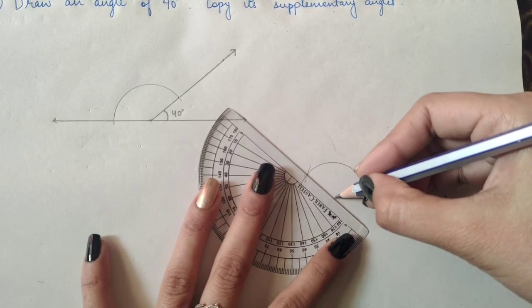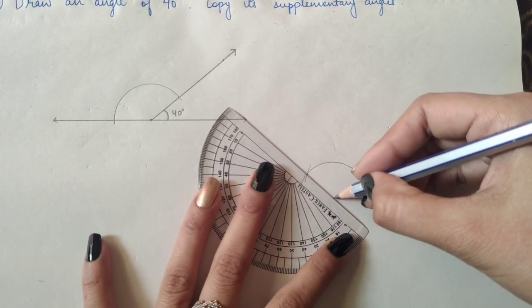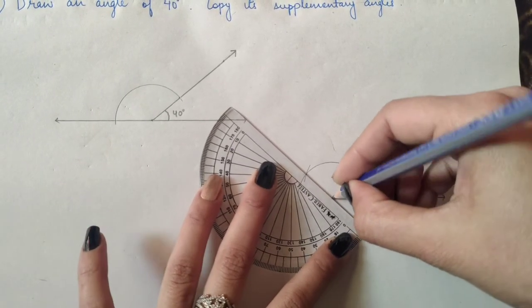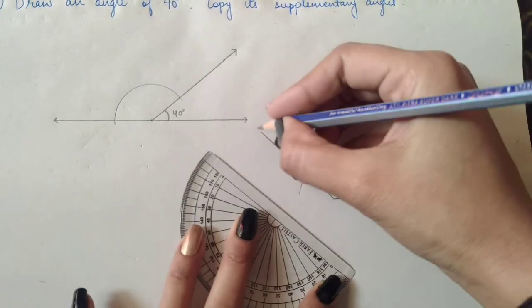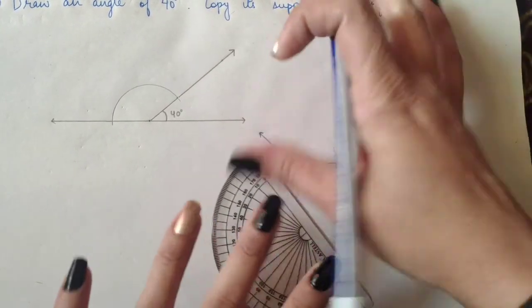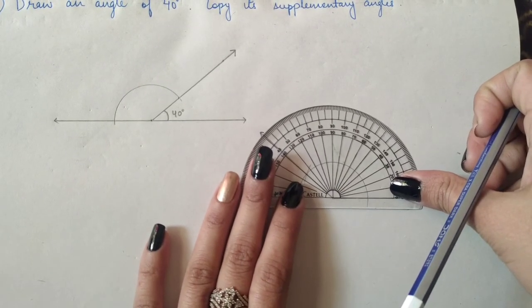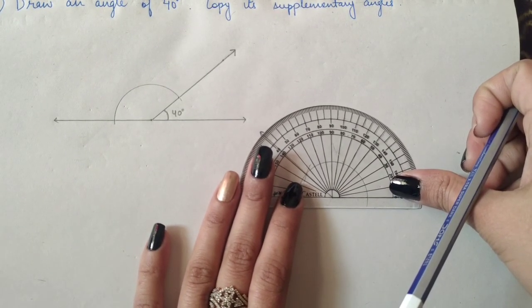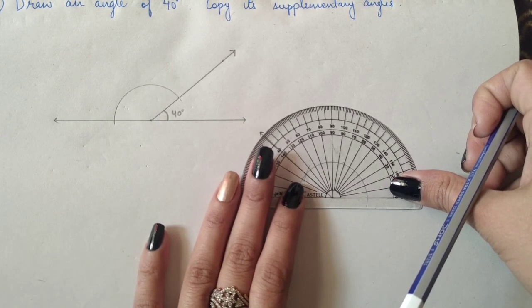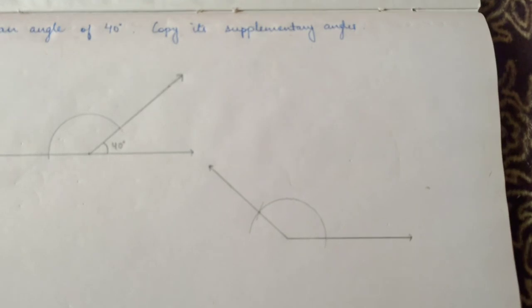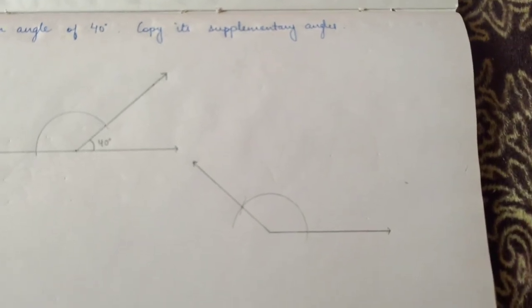Even I didn't get it correct in the first attempt. We'll join these two points and check if it's 140 or not. One or two points up or down doesn't matter. Okay, so that's how we got 140 degrees.